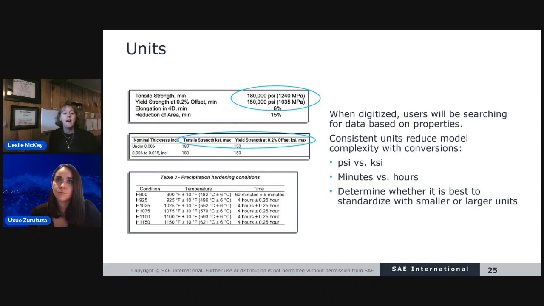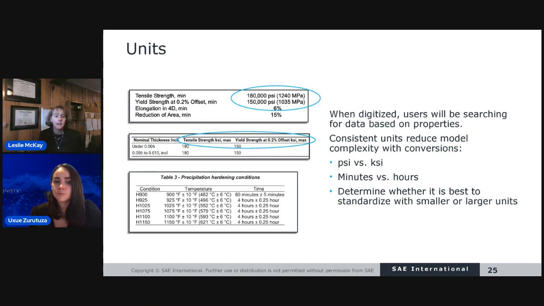So if you have these documented in different levels of units of measure, it just makes it more challenging, because then the model has to convert all those to one, because you're searching tensile strength, period. You don't really care if the actual PDF documented that tensile strength in KSI or PSI. You're looking for a particular value. It just reduces the amount of conversion your model has to do if it's reported consistently.